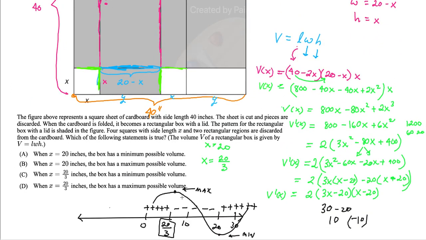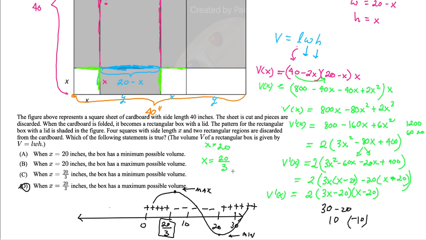So which one says this? It says that when x is 20 over 3 inches, the box has a maximum possible volume, and this one is true. Okay, none of the other ones are true. Look, when x is 20 inches, it has a minimum possible volume. Okay, why is this not true?